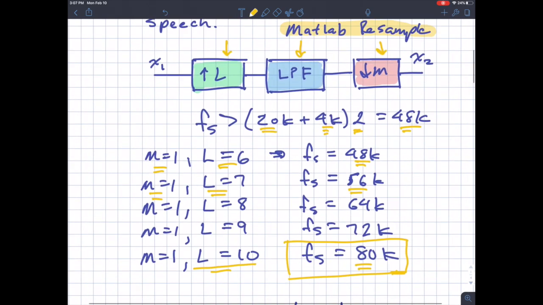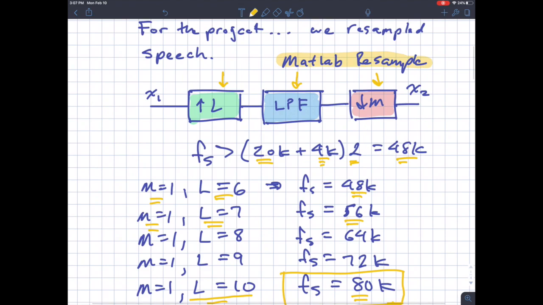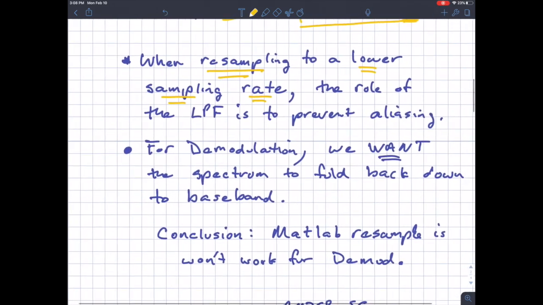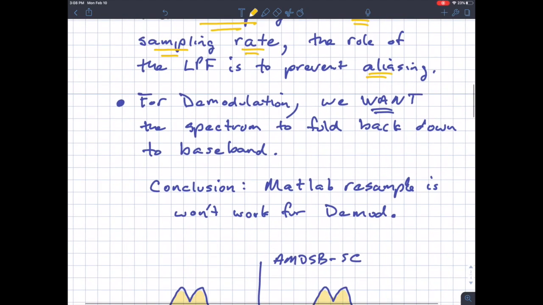Well, you go back to this block diagram, L would be equal to 1, M would be equal to 2 if we're going from 20K to 10K, and the role of this low-pass filter would be to remove any potential aliasing. So that's built in to the resample function. You can't stop it from doing that filtering step unless you rewrote that code.